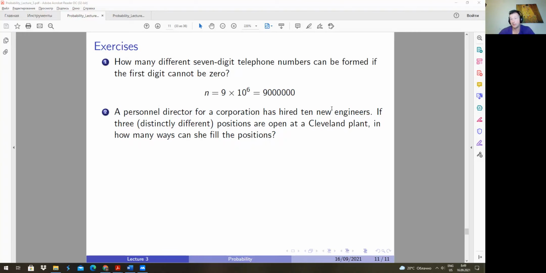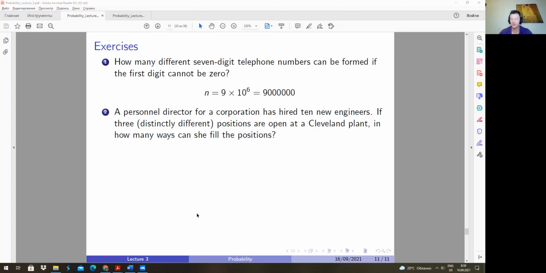So we have 10 engineers, and out of those 10 engineers we need to fill 3 distinctly different positions. So this is a bit tricky. Now we have different answers.